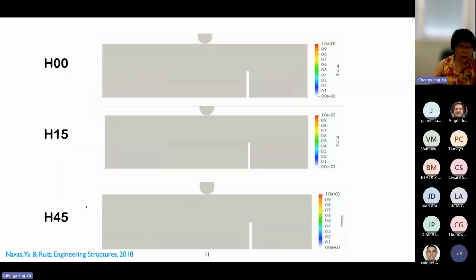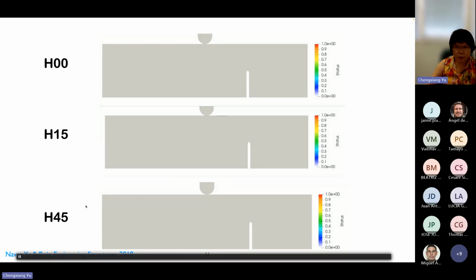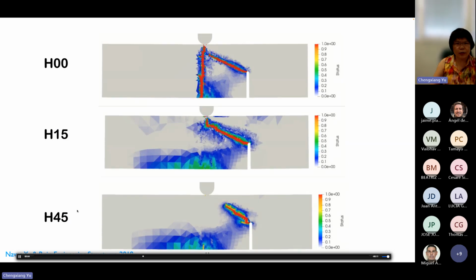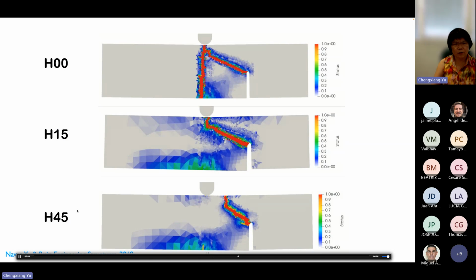Well, this is some of our work. It's also on dynamic fracture. Let me show it in the movie. A Drop-weight test, in which H00 is the plain concrete, H15 is 15 kilograms of steel fiber reinforcement, and H45 is 45 kilograms of steel fiber concrete.